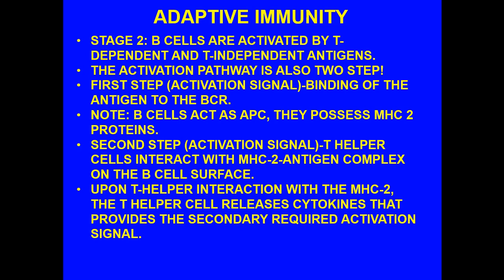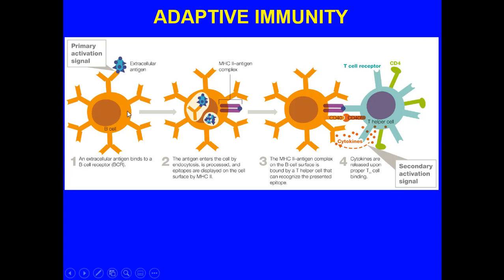The T helper cell releases cytokines that provide the secondary required activation signal. Here we have the primary activation signal, binding of an extracellular antigen. We pull that in, we break it down into certain antigens from this larger pathogen, and we have an MHC2 antigen complex. It stays out there.